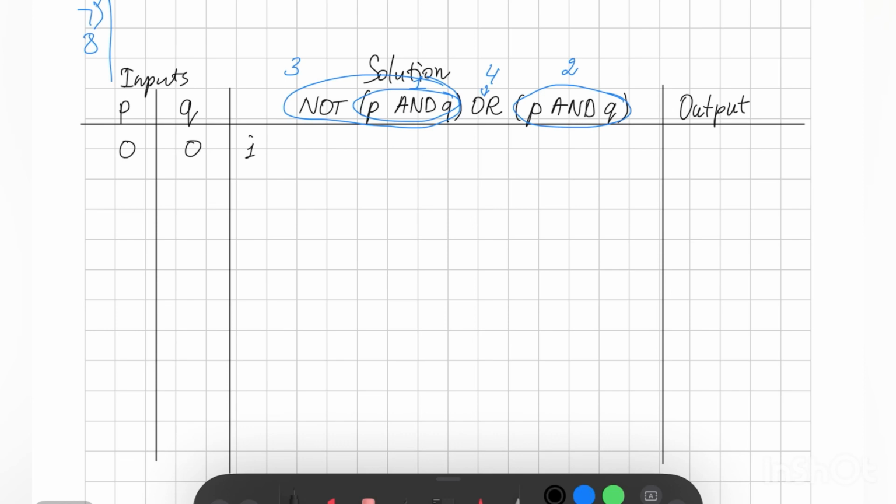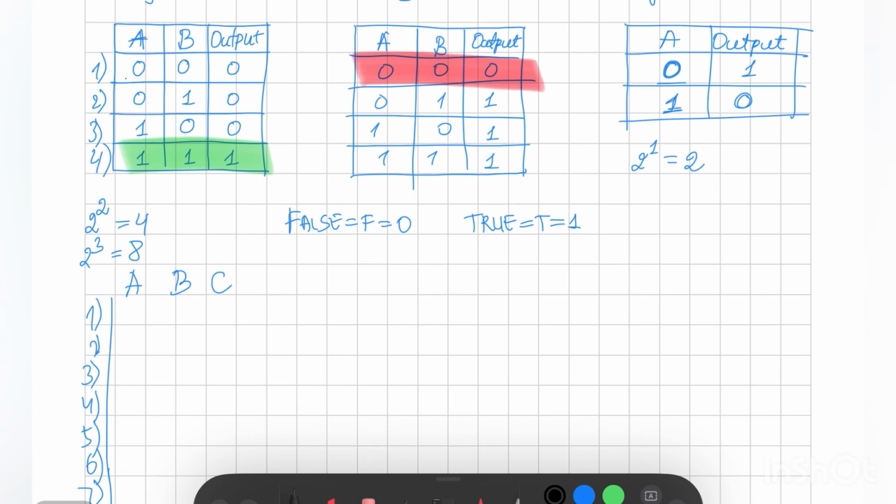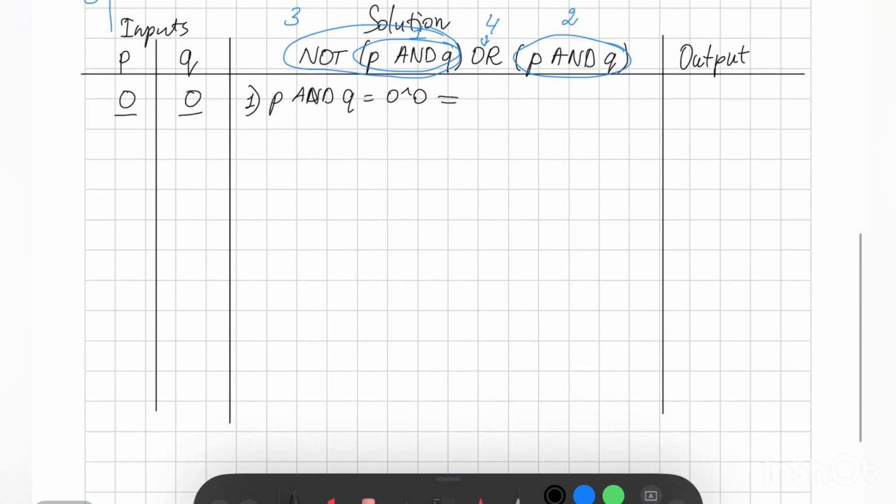Let's do the first step, P and Q. 0 and 0, right? P is 0, Q is 0. If they are both 0 and 0, output will be 0. Second step is P and Q again.